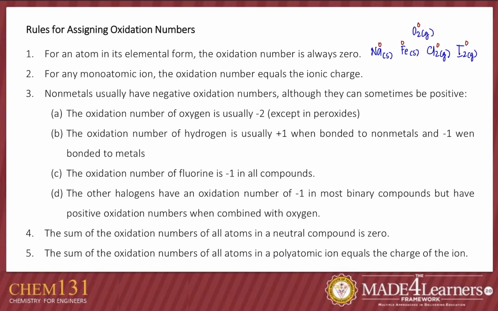For any monoatomic ion, meaning it's an ion containing only one type of atom, the oxidation number equals the ionic charge. So this is the easiest one because you just have to look at the charge. For example, sodium ion. So the oxidation number is positive 1.